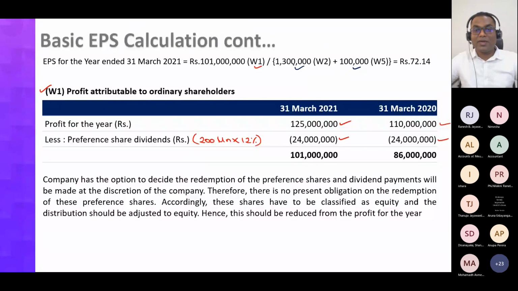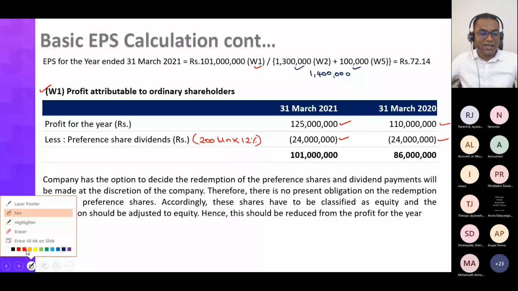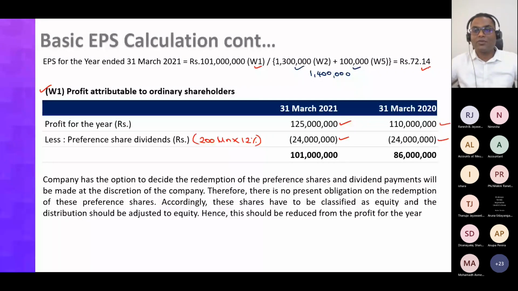My denominator becomes 1,300,000 plus 100,000, altogether 1.4 million shares. 101 million rupees divided by 1.4 million shares. My basic EPS in the current year is 72 rupees and 14 cents. Are we clear? Understood? Right.